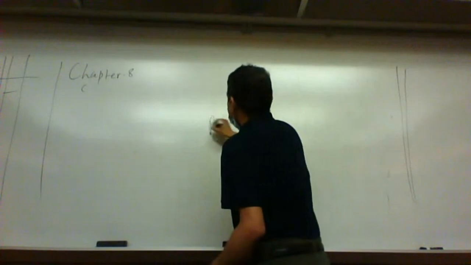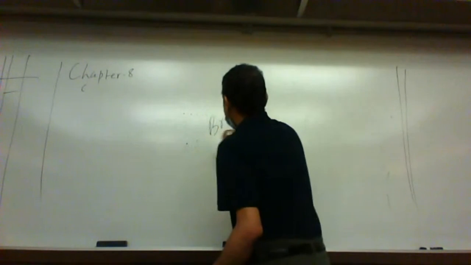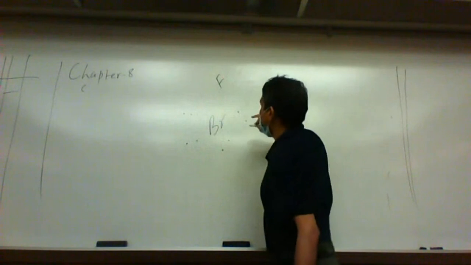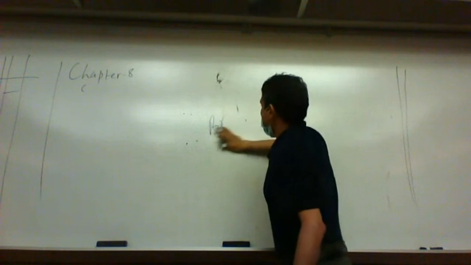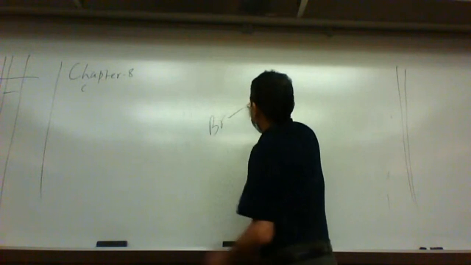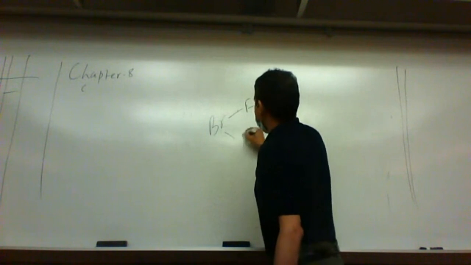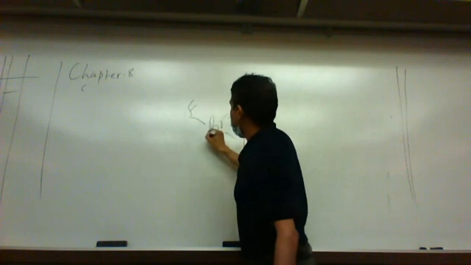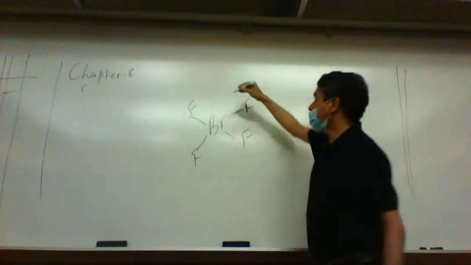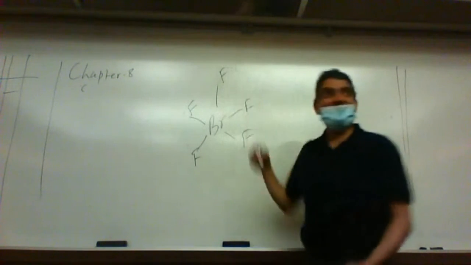So Br here, one lone pair here, and one lone F here. You see that? So lone pair, BrF5. So Br here, F here, F here, F here. All are in the same plane. So these are in the same plane, and one F is going like this.